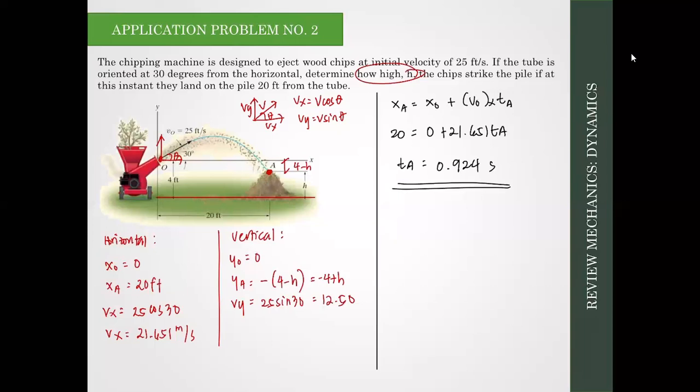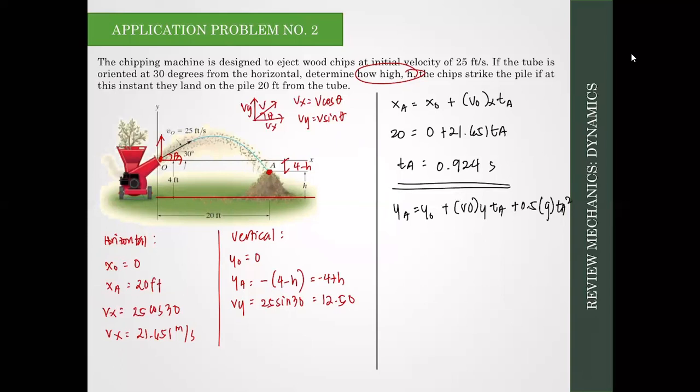And then para dun kay next formula, kay for vertical direction, anong pwede natin gamitin? So let's try yung sa y ulit. No? So y, A is equals to y sub 0 plus v sub 0 y TA plus 0.5 negative yung g natin TA squared.